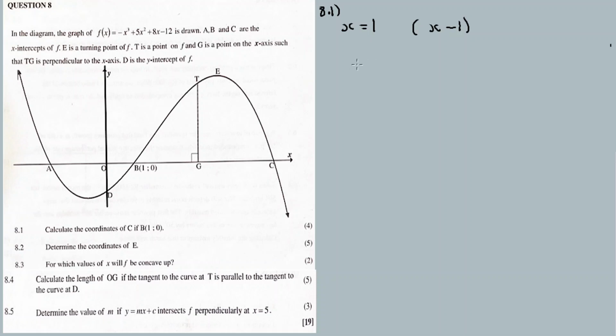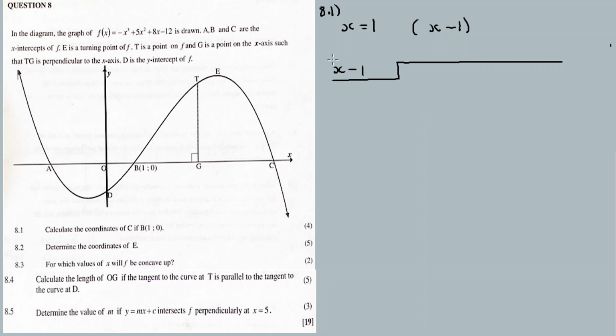So we do it using long division: x minus 1 divided into negative x cubed plus 5x squared plus 8x minus 12. You know what? Let's do the synthetic method.